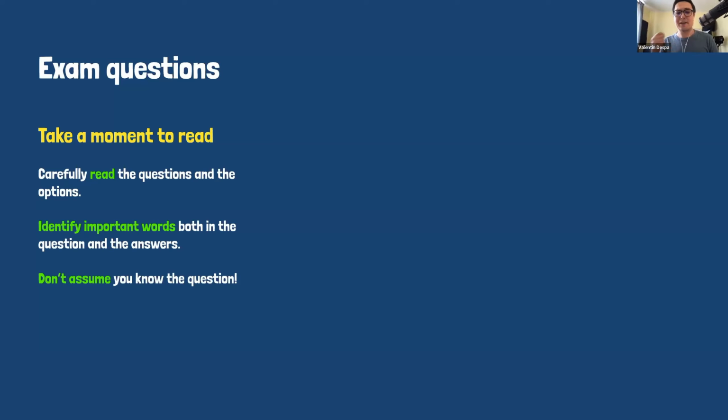This is also partially because a lot of the Scrum questions are similar to one another, but at the same time, two questions can be very similar and ask two different things. If you're just missing one word in a question, that could be a key detail that changes everything. This is the reason why I always recommend to pause for a second, take a moment to read the question, and then start selecting answers.